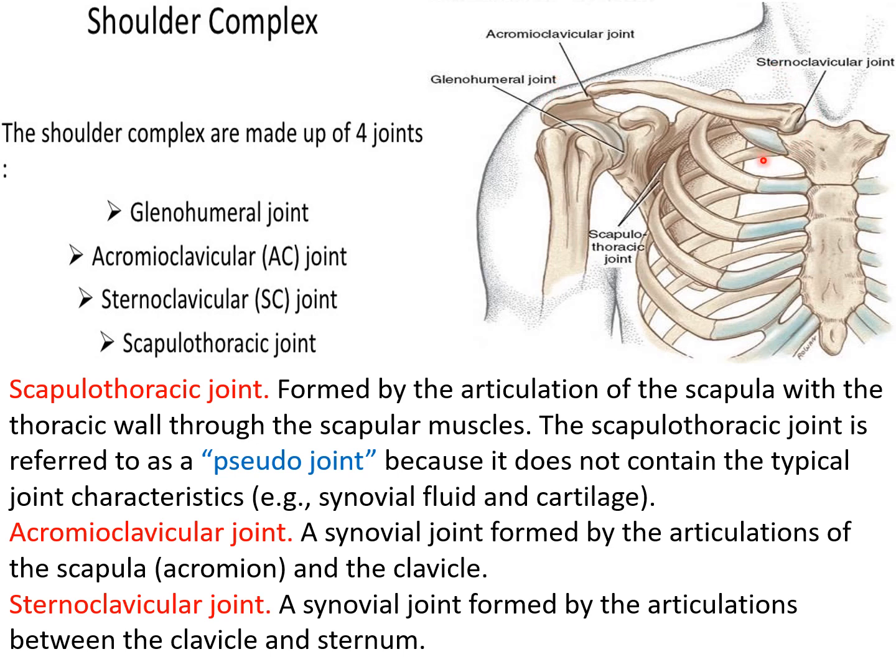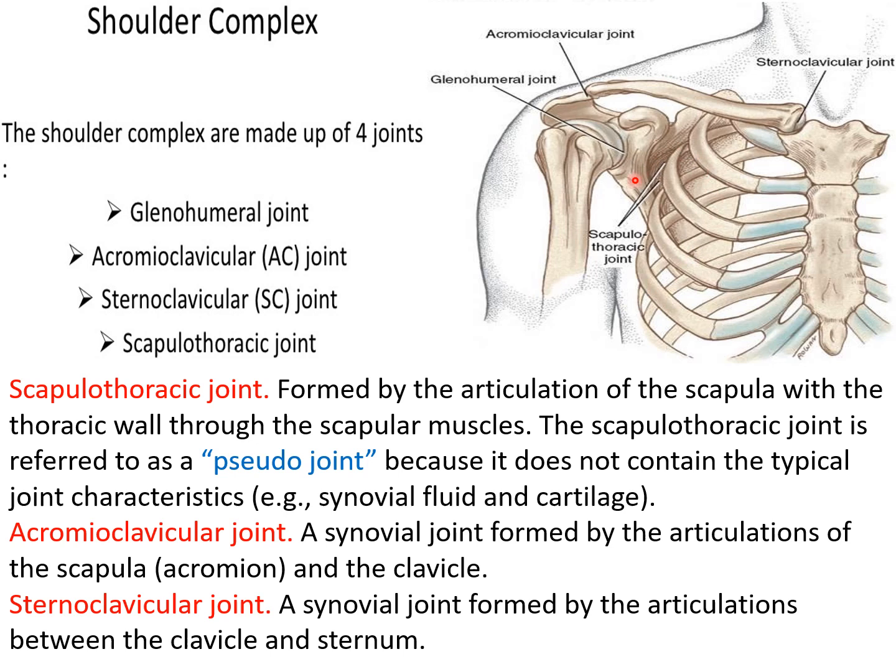The sternoclavicular joint is formed by the articulation of the medial end of the clavicle with the clavicular notch of the manubrium sterni. These two joints play a vital role during abduction of the limb at the shoulder joint beyond 90 degrees. We'll see that in detail as we go ahead.